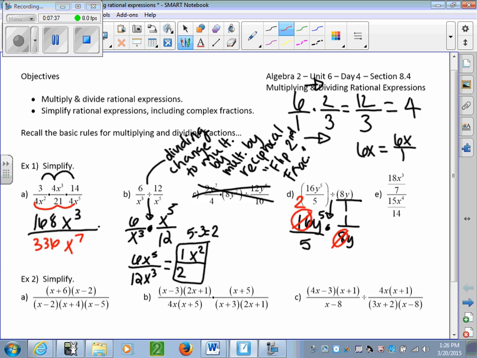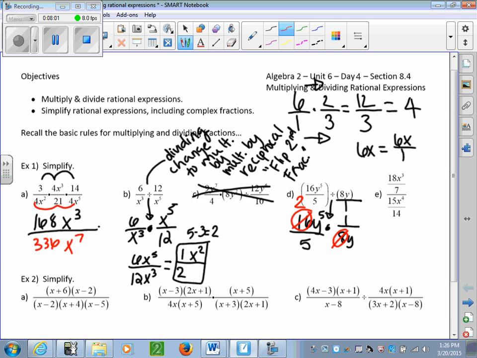2 divided by 5 doesn't really do anything for me, so I'm not going to simplify that. This 1 isn't going to hurt me because I'm just going to multiply by 1, so it's not going to change anything. And I have this y to the 5th and this y to the 1st. So I have a y to the 5th in the numerator and a y to the 1st in the denominator. So it's really not going to help me a whole lot to simplify those right away, but I can.